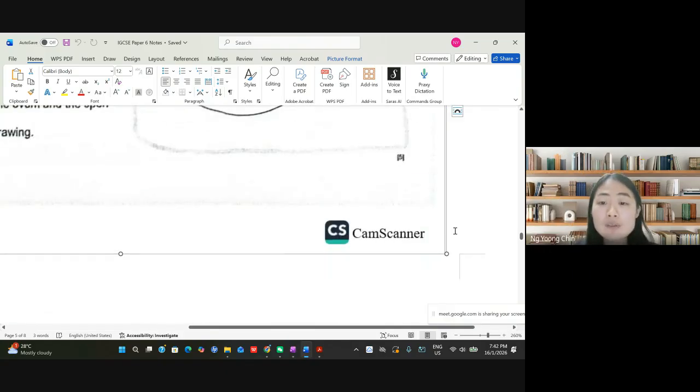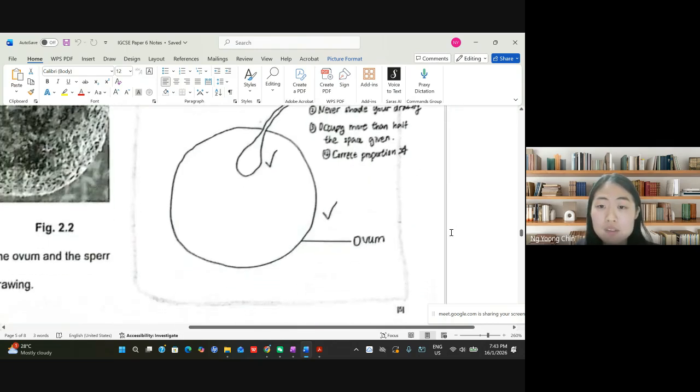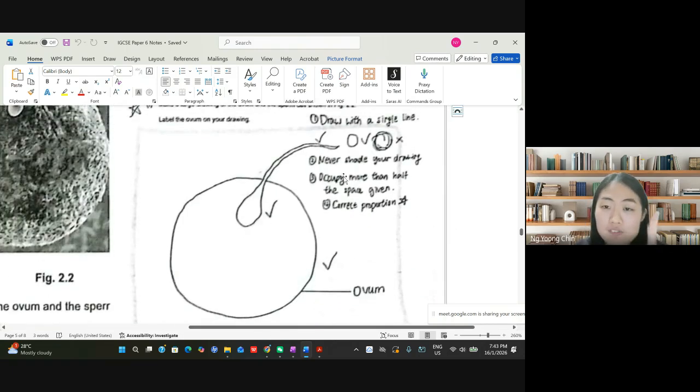4 marks. Okay, so how can they award you the marks? So first mark: if you draw a single line, okay, single line, gives you 1 mark. If you didn't shade your drawing, another mark. And then another is you draw half of the space given. Okay, there will be a mark. And then you draw with correct proportions.